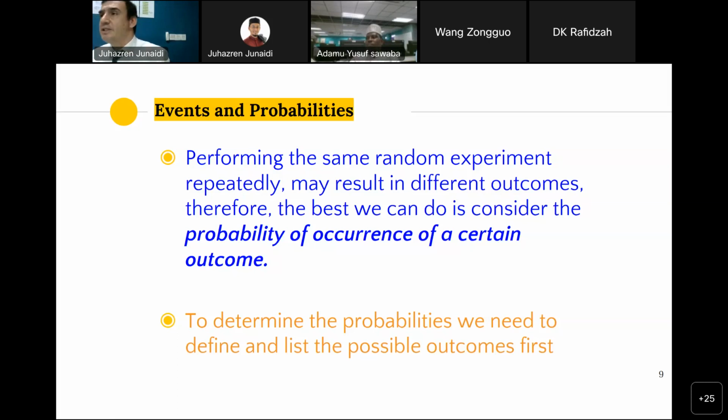Think about it like this. If we toss a coin, okay, everybody of us brings out a coin and tosses it 10 times. The probability that some of us have 5 tails and 5 heads will be more than some of us having 10 tails or 10 heads, okay?